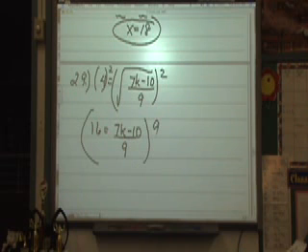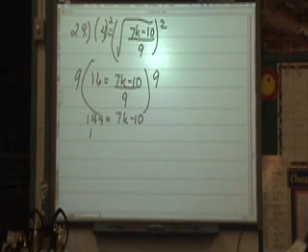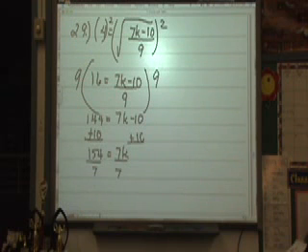Multiply by 9. And you have 144 equals 7k minus 10. Add 10. And you have 154 equals 7k. Divide by 7, and the answer is 22.